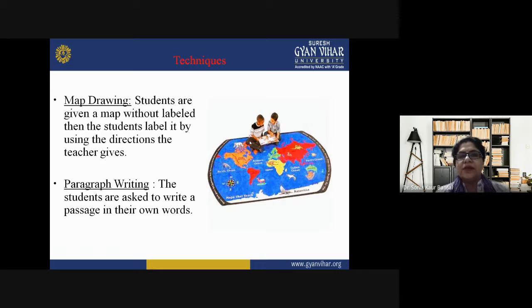And in that passage, the teacher used to assess many of the qualities of a particular student, or maybe psychological testing is also related to that. But whatever topic you have given, it also enables the students to think in the English language only, and thinking creatively is also emphasized.